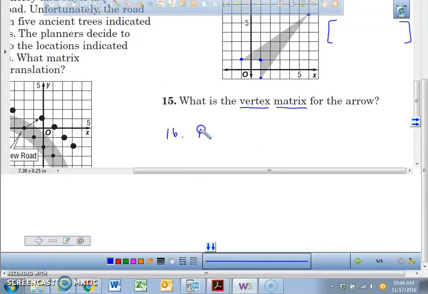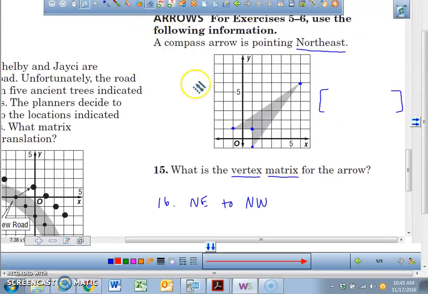Now, on problem number 16, it wants us to go from northeast to northwest. So let's think about what we have to do. If this right here is going northeast, we want it going north, west.